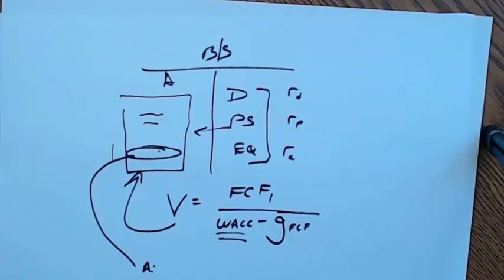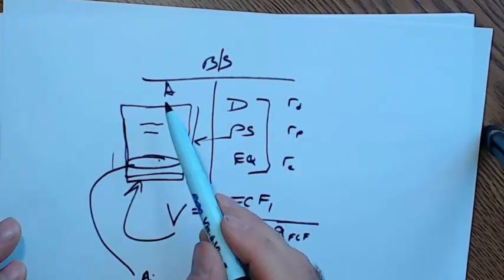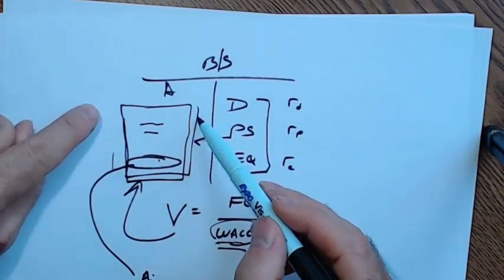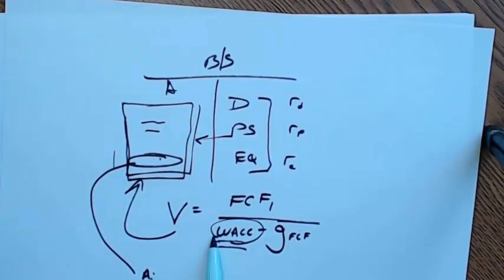Let's see if I missed any. Oh, one more thing here. With respect to this, the weighted average cost of capital is the discount rate for projects that are of average risk. Or, in other words, this whole side represents the average risk because it's a function of it. So if we have project A has average risk, we should use the weighted average cost of capital.